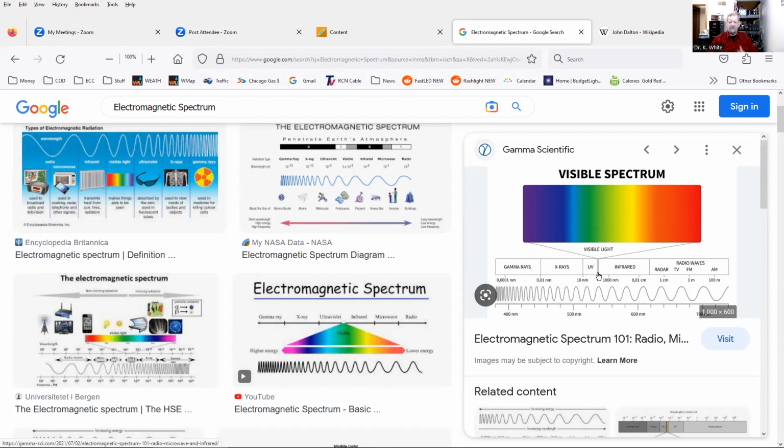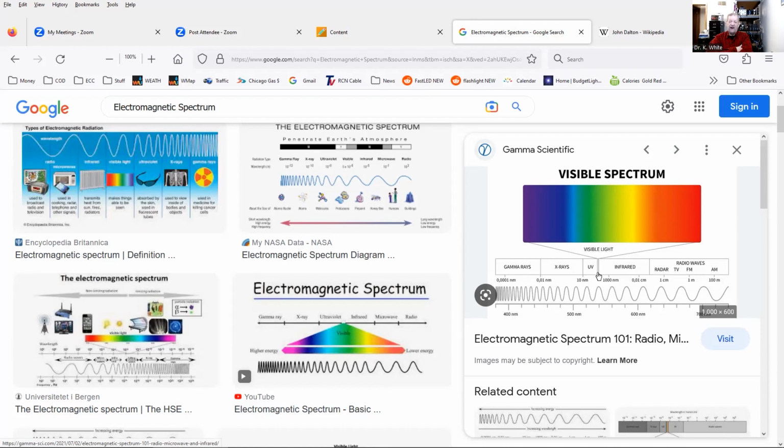Now, in the middle, they have a little slice which they expand on top, is the visible spectrum. In other words, light. And white light you see exists as a combination of these colored lights.